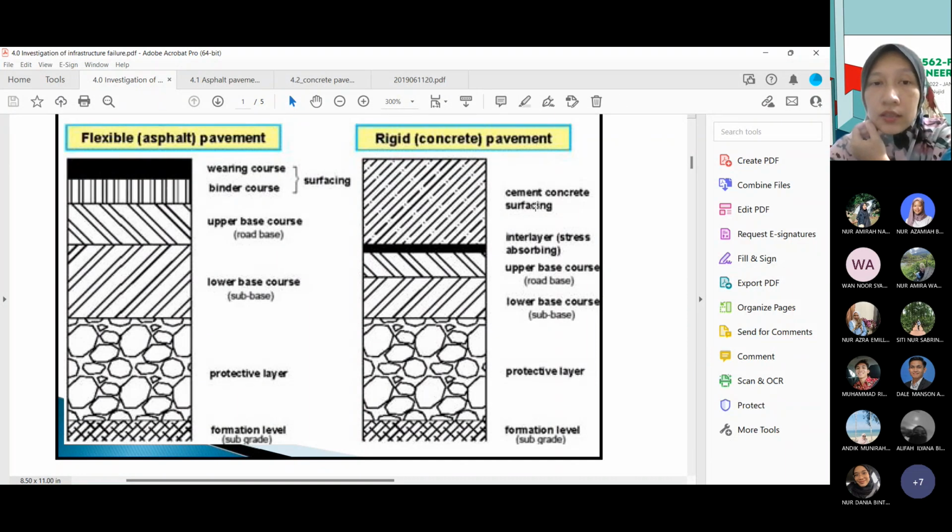And other things we can do on part of the structural design. The structural design means how you design the thickness of the pavement for each layer, having the subgrades and then the sub-base layers, and the last one the surfacing layers. So the thickness itself will differ between asphalt pavement and the concrete pavement. But in total, the thickness of the pavement will be similar.